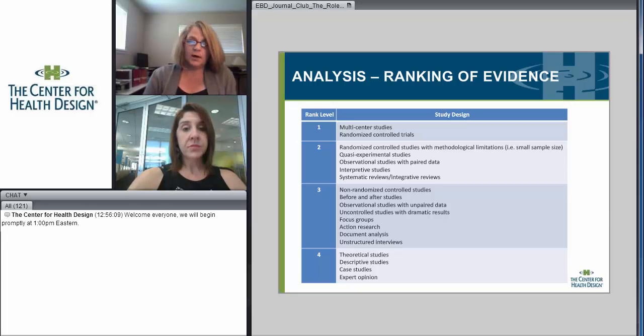Right. So the highest ranking is 1, the lowest ranking is 4. So, if you start at the 4th level, then you're looking at theoretical studies where there aren't necessarily outcomes you can hang your hat on, I guess. Descriptive studies that don't rely on any kind of statistical or qualitative method of analysis, case studies, and expert opinion.